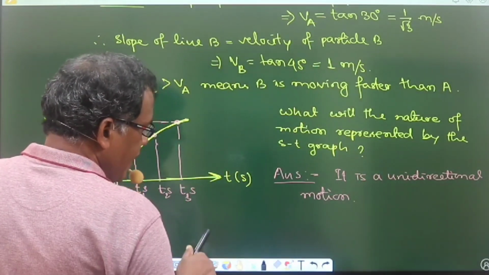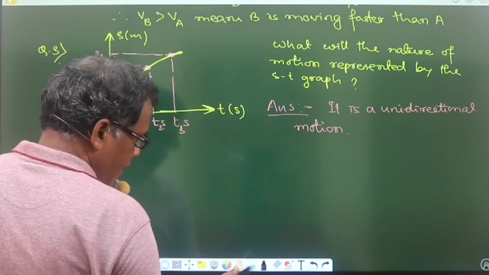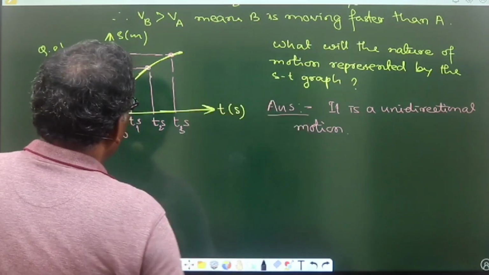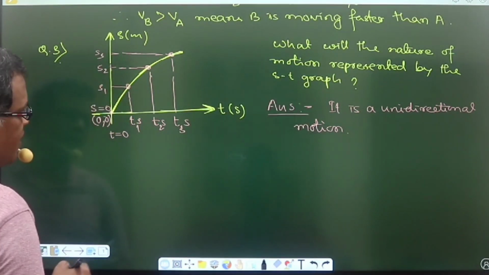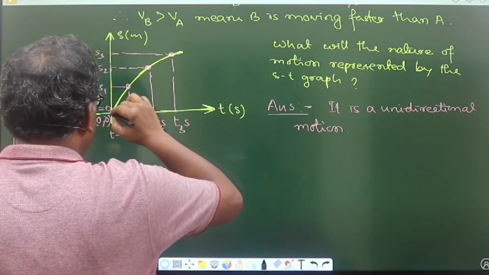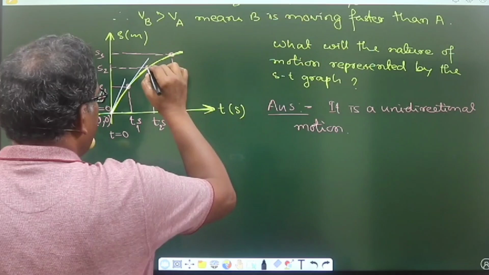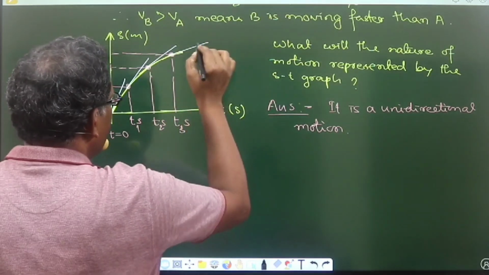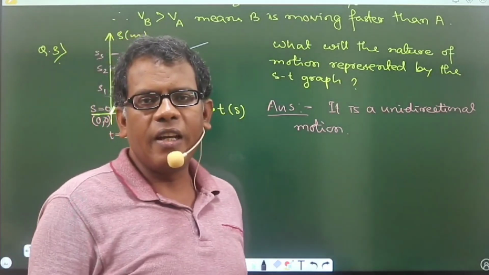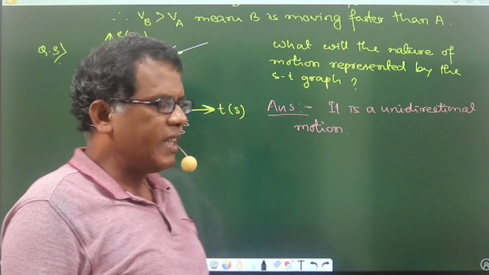Now the second statement we can make here suggests that if we draw velocity at various points, suppose we draw tangents at various points, then those tangential lines on the graph will make different elevations with increase in time.